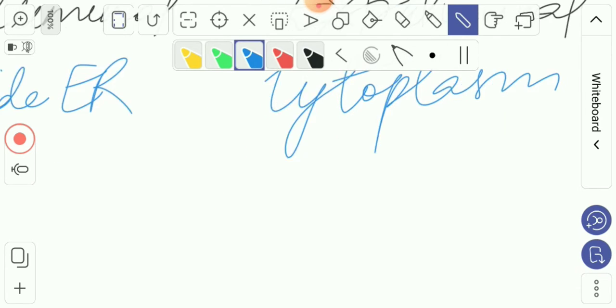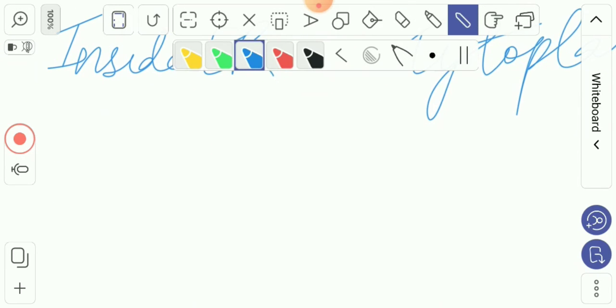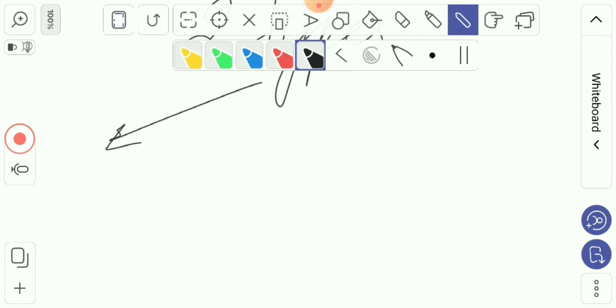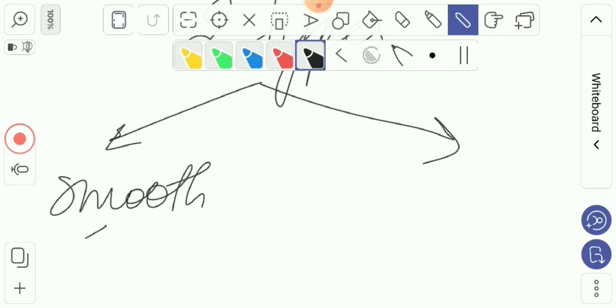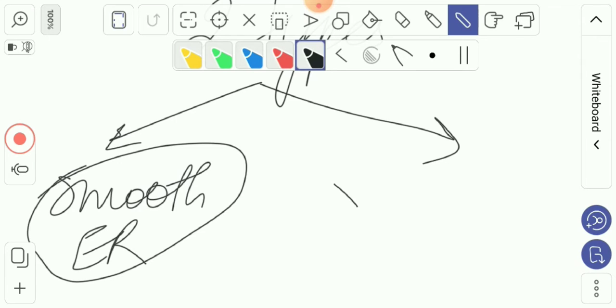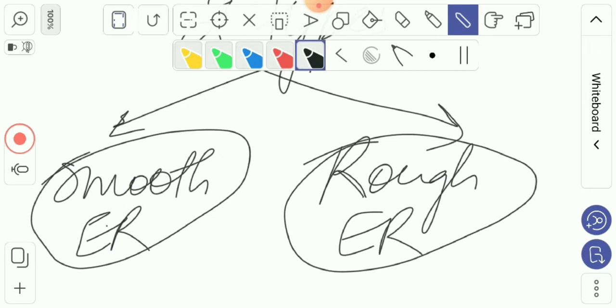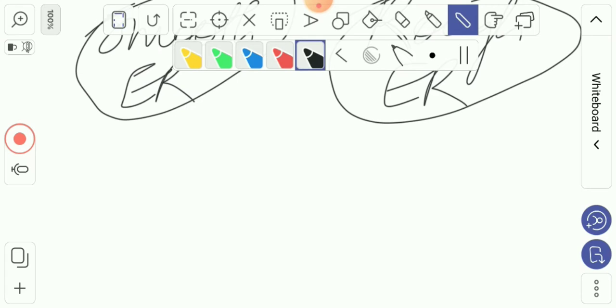Now we know that endoplasmic reticulum is of two types: smooth ER and rough ER. Okay, so smooth ER is smooth.